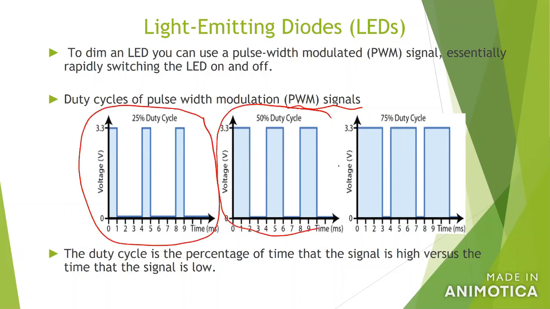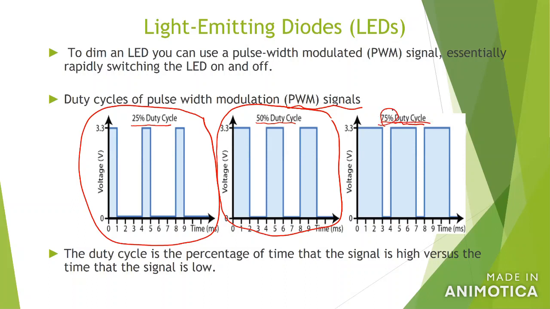For PWM signals, we use duty cycle to describe their property. This one has a 25% duty cycle, this one has a 50% duty cycle, and this one has a 75% duty cycle.